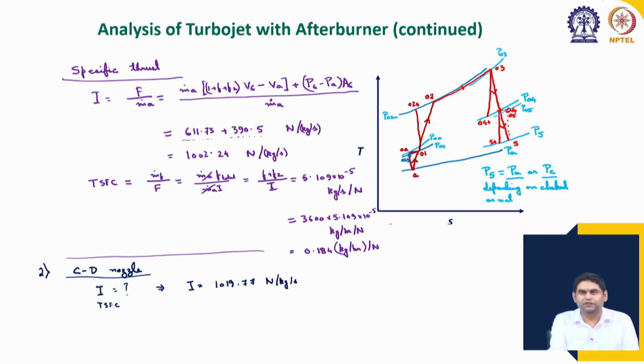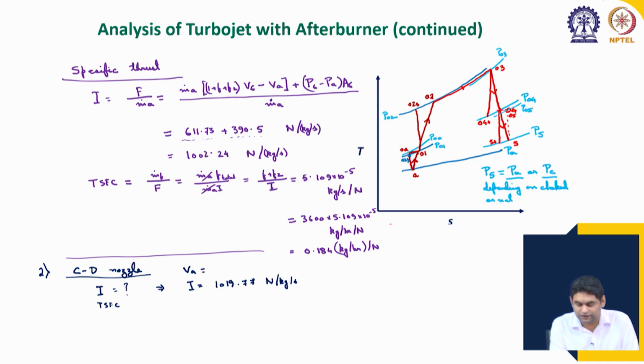Not much difference is there. So, it means that the convergent nozzle still is quite good, and it is much more practical to use, much easier to design. If we go to even higher values of pressure ratio, then convergent divergent nozzles will make more sense.